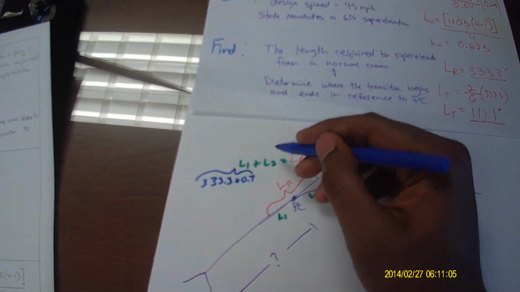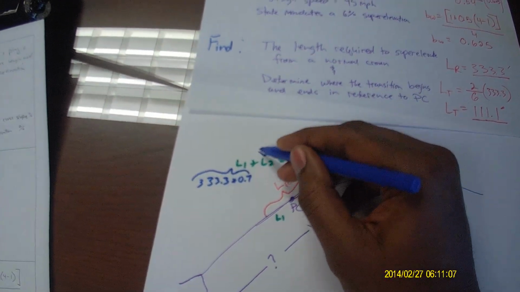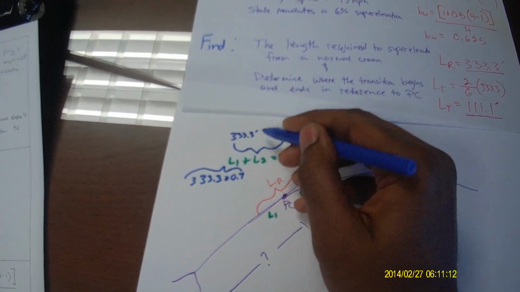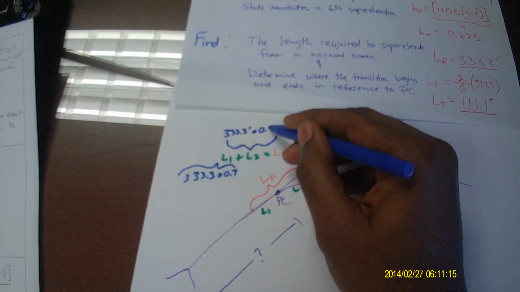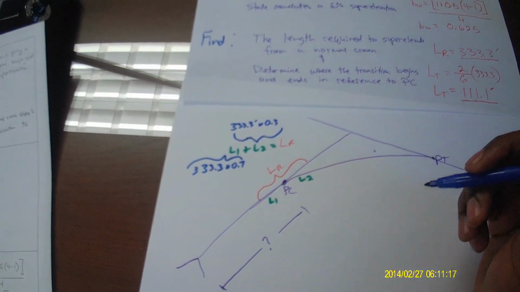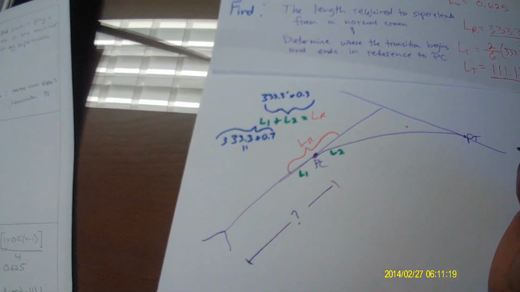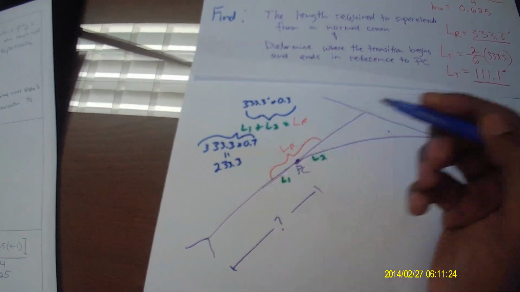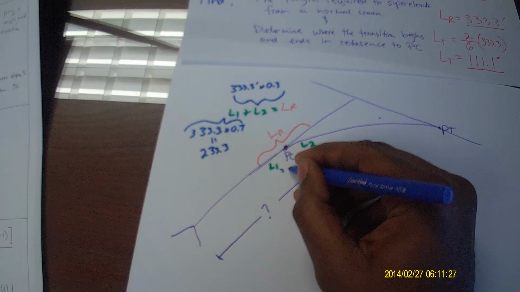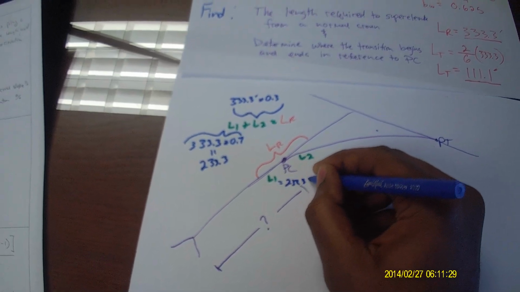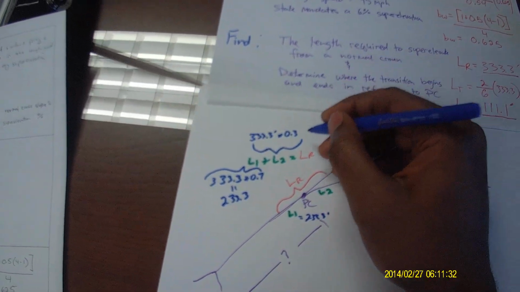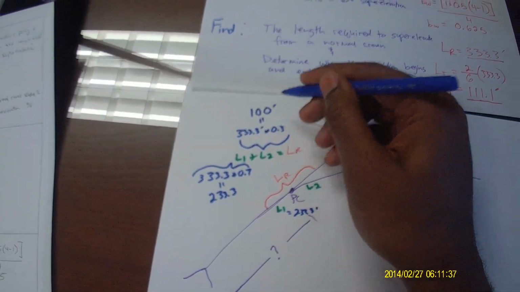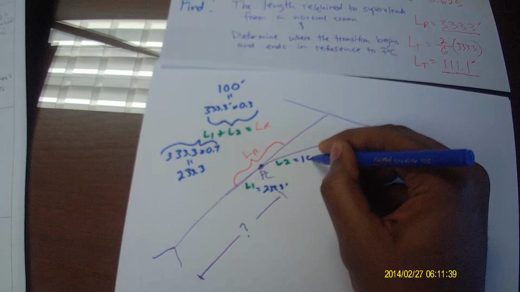And L sub 2 is going to equal 333.3 feet times 0.3. Well, this gives me 233.3 feet. So my L sub 1 is going to be equal to 233.3 feet, and my L sub 2 is basically 100 feet.